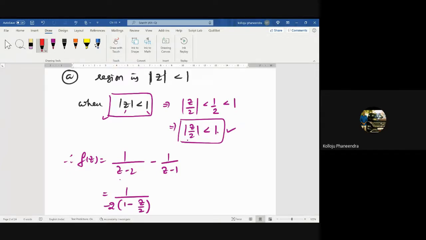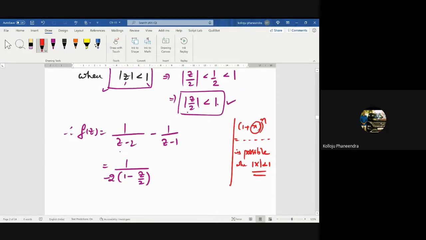Always remember, all of you, the expansion of (1 plus x) whole power n is possible when mod x is less than 1. That is the condition of convergence. So I am converting to this structure, 1 minus x, where mod x must be less than 1. Since mod x is less than 1, I can expand this using the binomial series, right?